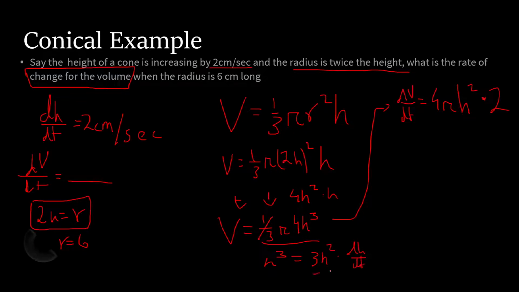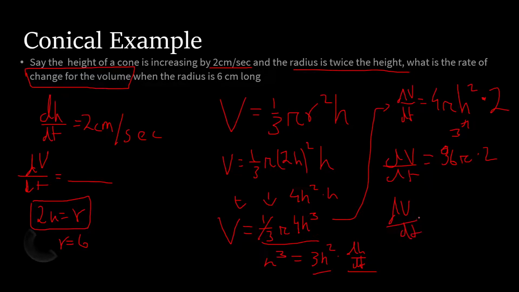So we only did this part. We forgot this one. So here we're going to have 4 pi h squared times 2. That's going to equal 36 pi times 2, because we're going to substitute in 3. And that's going to give us a nice clean number for dV by dt.